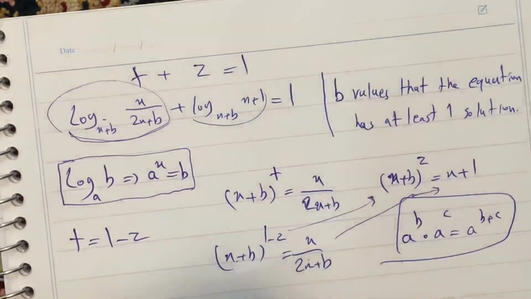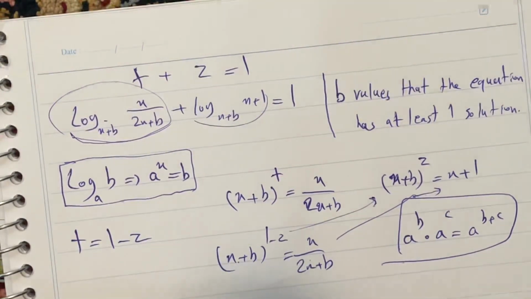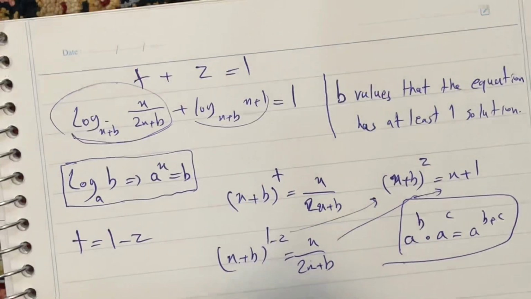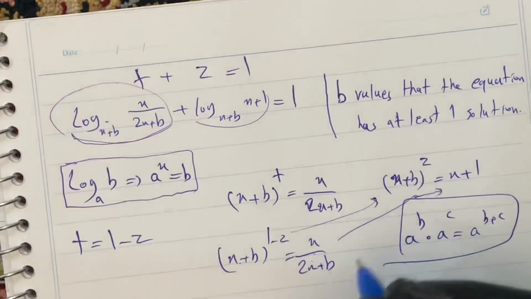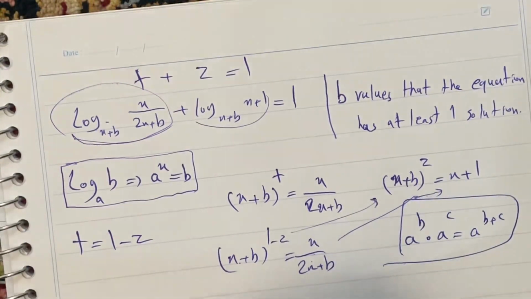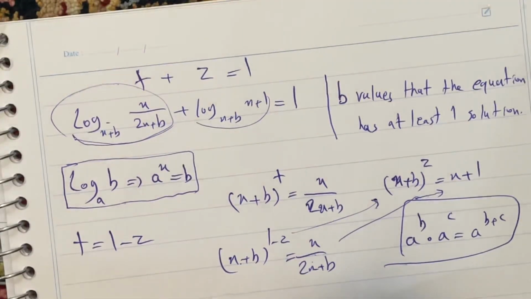So let me write it down. We will have x plus b to the power of 1 minus z, times x plus b to the power of z, equals, multiplying this by this, x to the power of 2 plus x over 2x plus b.